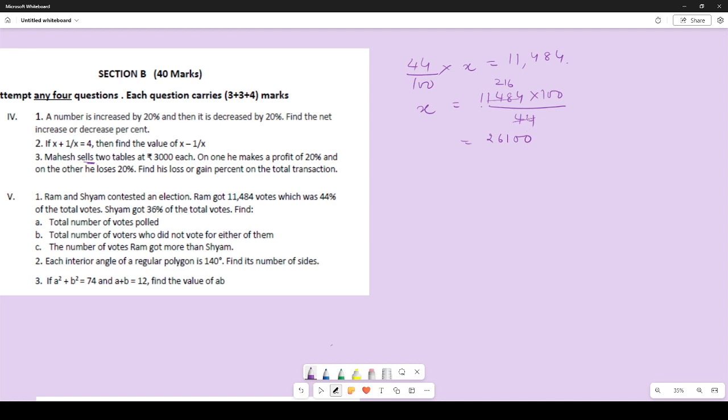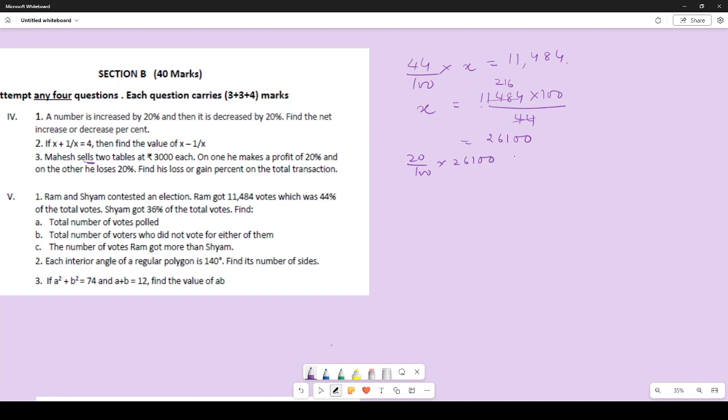And what are the things that you had to find out? Number of voters who did not vote for either of them. So Ram got 44% votes, Shyam got 36% of votes. So in total that makes 80% of the votes. So 20% of the votes neither of them got. So what is 20% of 26100?